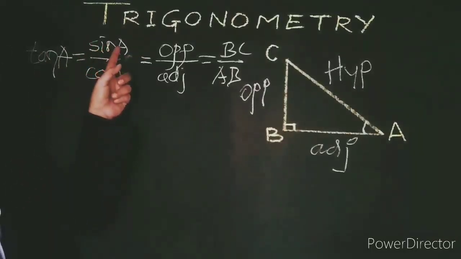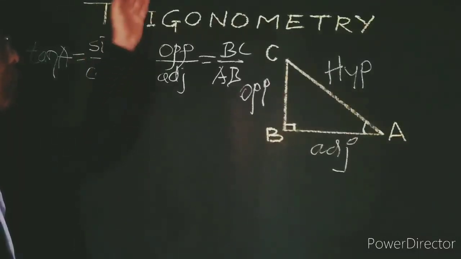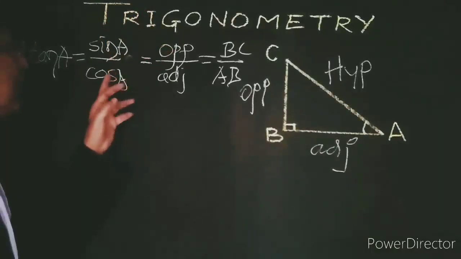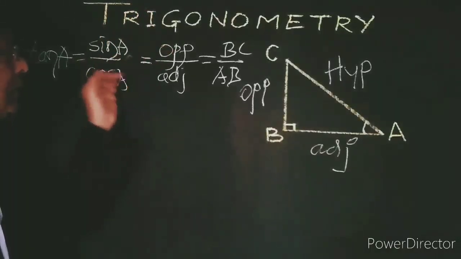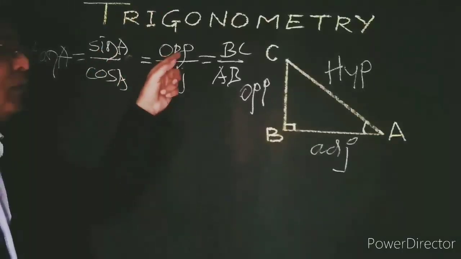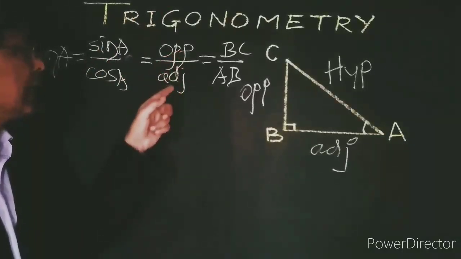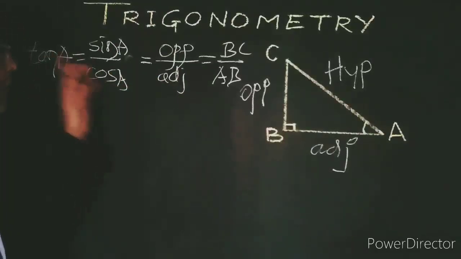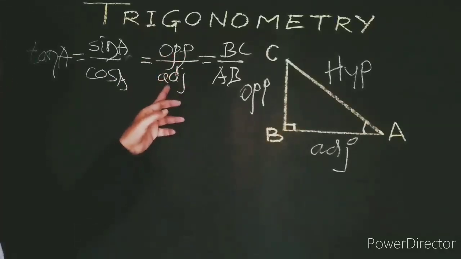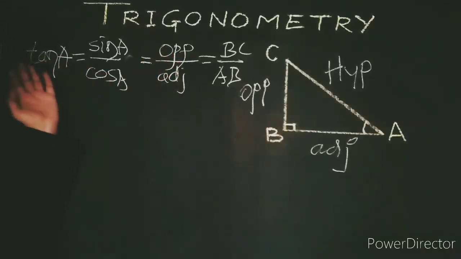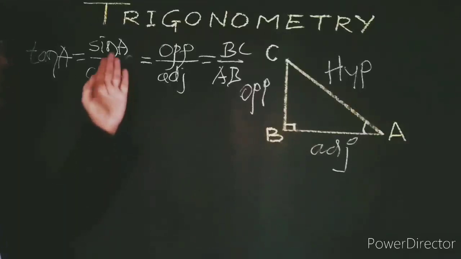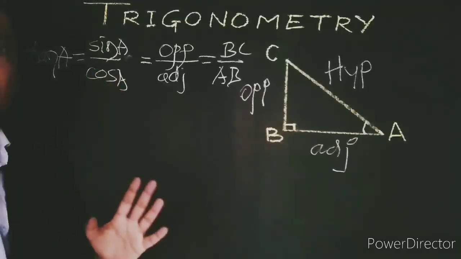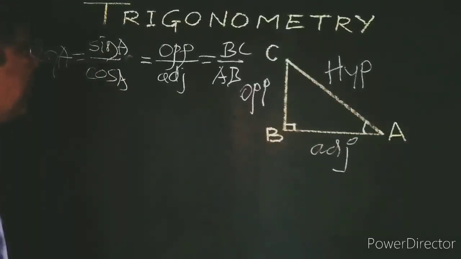Tan can also be written as sine upon cos because we know that sine means opposite side divided by hypotenuse, cos means adjacent side divided by hypotenuse, the hypotenuse gets cancelled, and again we get the same ratio, opposite side upon adjacent side. Therefore, tan A is nothing but opposite side upon adjacent side, or in place of tan A, we can also consider sin A upon cos A.